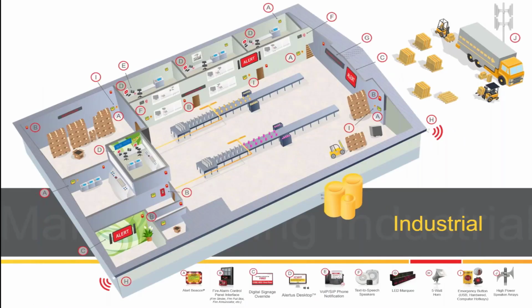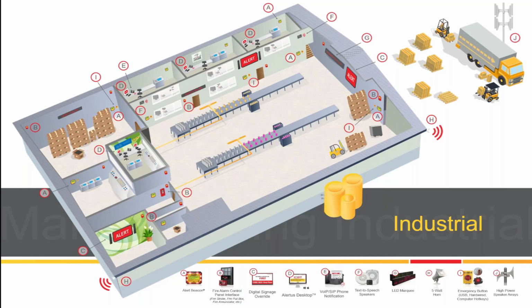Now, looking at the layered approach from just a typical layout example within, say, a manufacturing or that general industrial environment, you can see here the variety of different ways in which we would look to implement something, both from a visual and an audible perspective, but additionally scattering activation devices throughout to give everybody the ability to notify designated individuals or send out that mass notification across all endpoints through the activation in the event of that emergency as well.